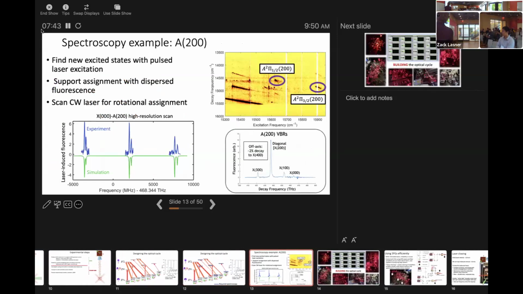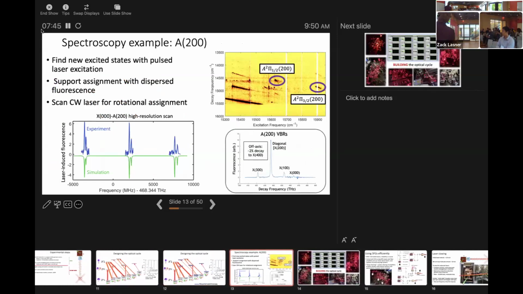So I want to give an example of one of the states we found. We started with pulse excitation using the spectrometer that I just alluded to. So here we're scanning a pulse excitation laser and we disperse the fluorescence. So each of these vertical slices shows the different wavelengths that are emitted when we excite at one energy. And as you scan the excitation laser, you can get bursts of fluorescence in very narrow regions.